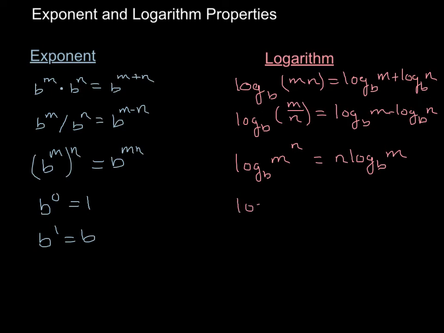And we have log base b of 1 is always going to equal 0. b to what exponent equals 1? It's 0. And then log base b of b equals 1. Alright, these are just the basic properties of logarithms. We're going to get into some a little differently in the next slide.